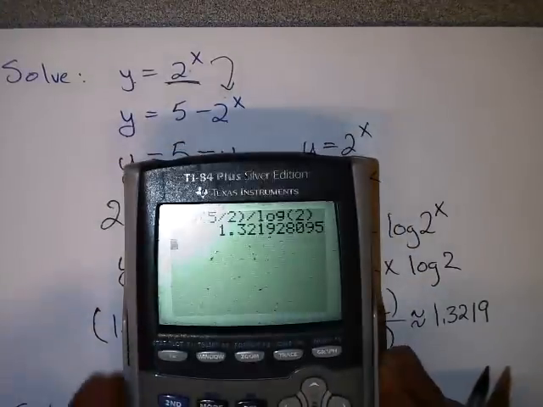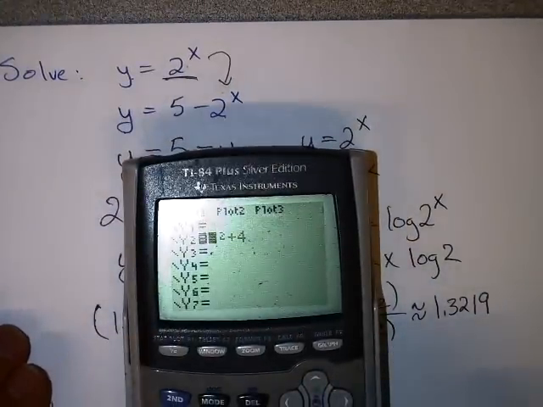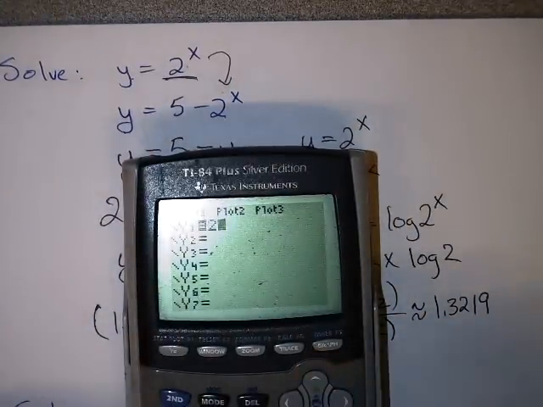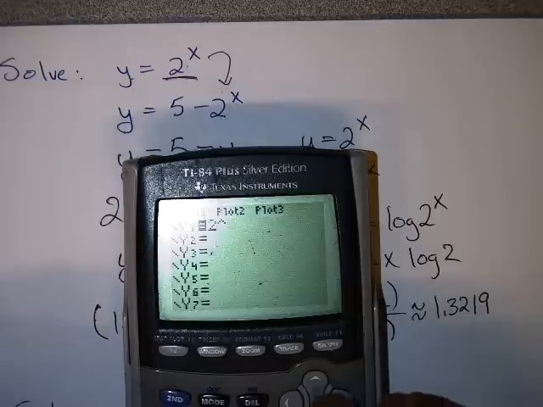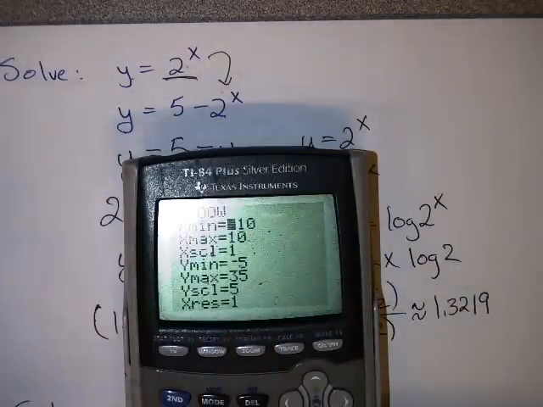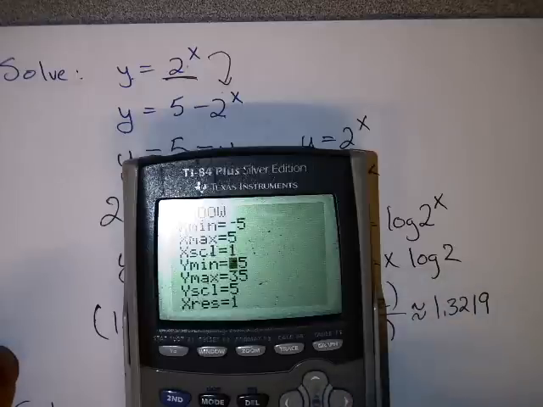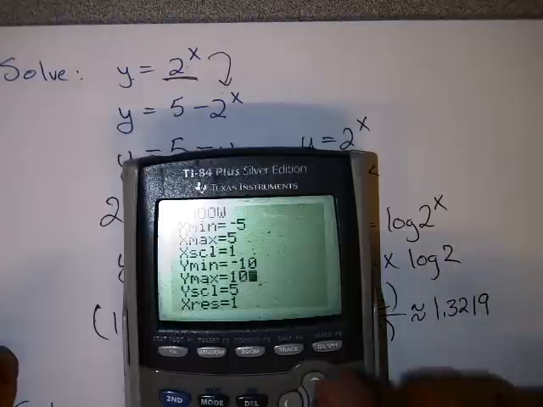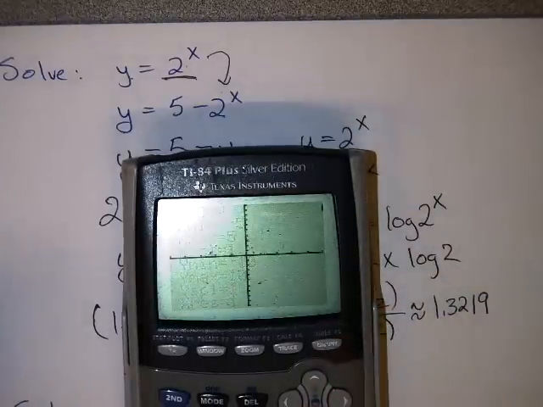Now taking a look at this on my calculator, I'm going to clear this out. I have 2 to the x, and I have 5 minus 2 to the x. I'm going to just use a standard window here of, let's say, minus 5 to 5 on my x, and I'm going to go minus 10 to 10 on my y, counting by 1.